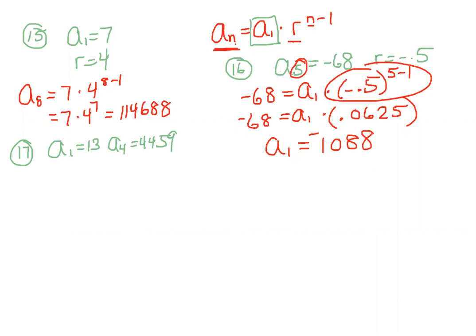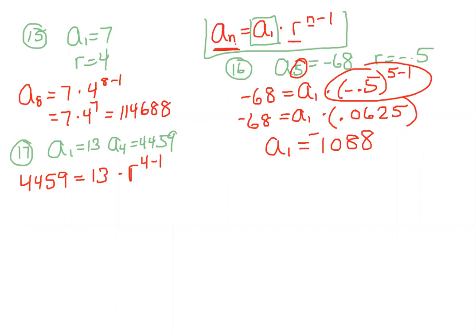So we're going to have to do 2 steps. We're first going to have to find R, and then we can use this equation up here to find A3. So let's substitute in what we know. An equals A1 times R to the n minus 1. So let's solve for this. We're going to divide by 13.